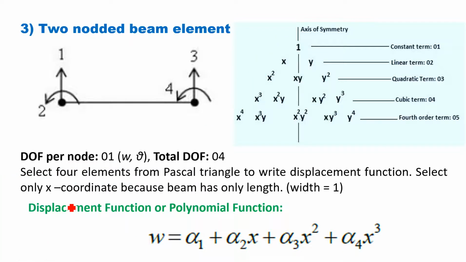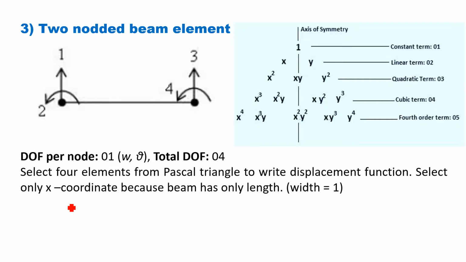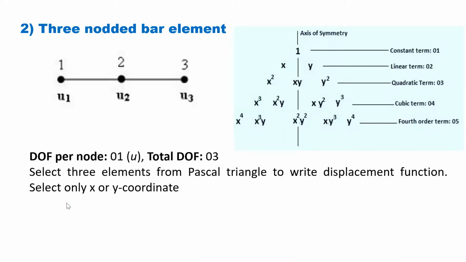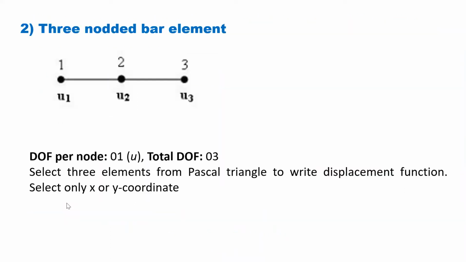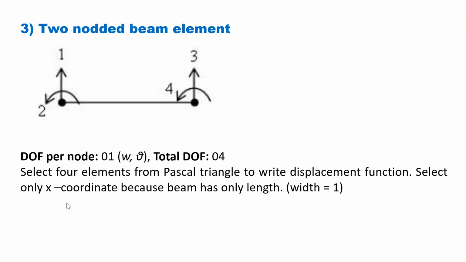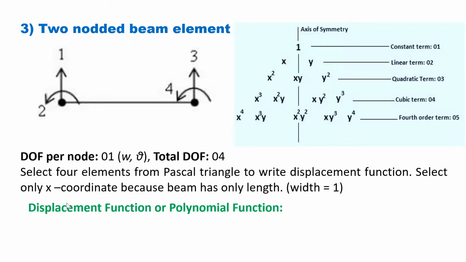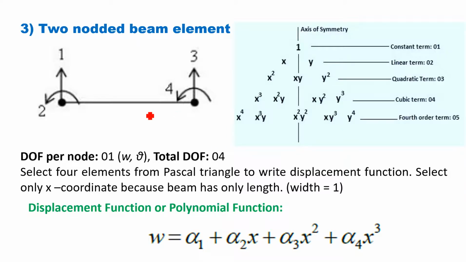Now there is one more important point to be remembered in these 3 elements. First was 2 noded bar element, then 3 noded bar element, right? And now 2 noded beam element. So in all these 3 elements, the symmetry of Pascal triangle is disturbed because these 3 are 1D elements, and we cannot select y in the displacement function.